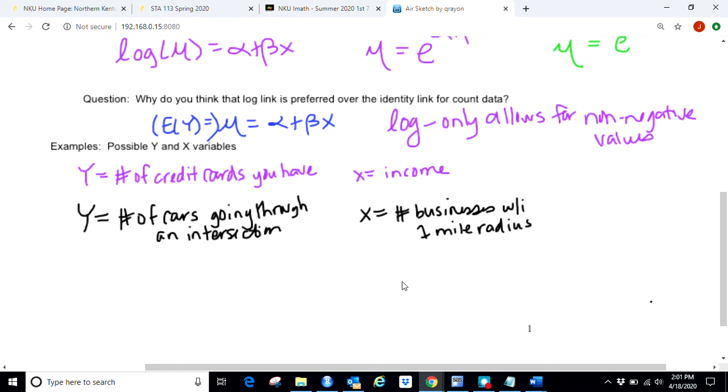I mean, x could maybe be the population within 1 mile. There are different things I could use, of course, as my explanatory variable here.